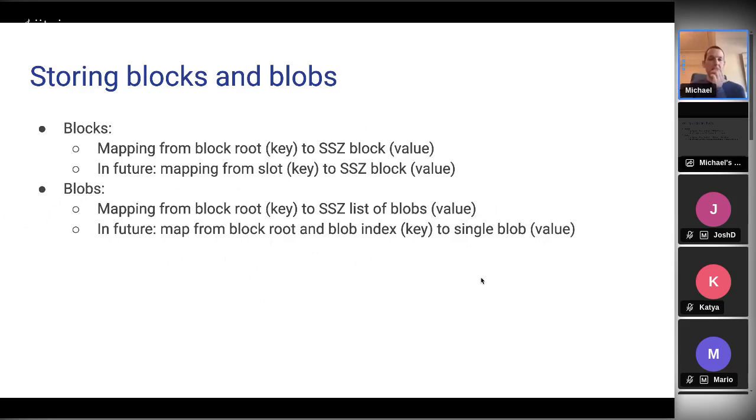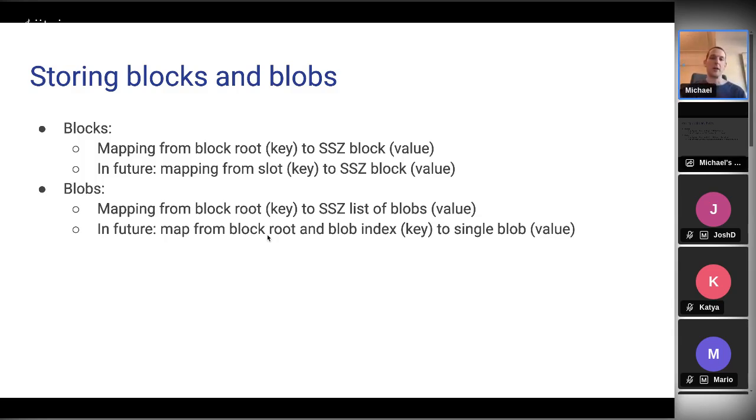You would still be able to iterate all of the blobs for a block root by looking up the block root and index 0 in the database, because everything in the database is stored in key increasing order. So if you have block root 0, block root 1, block root 2, they are all right next to each other, and you can always get the list from the keyed form, whereas you can't go the other way.